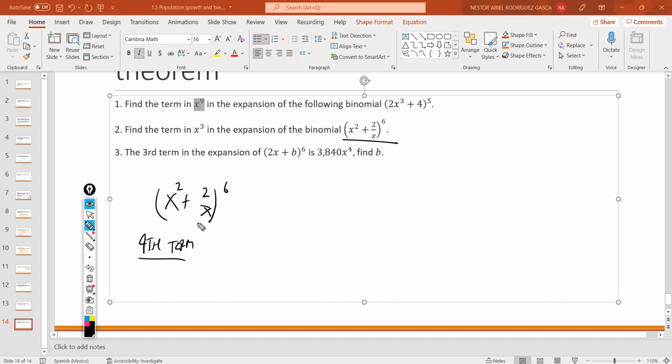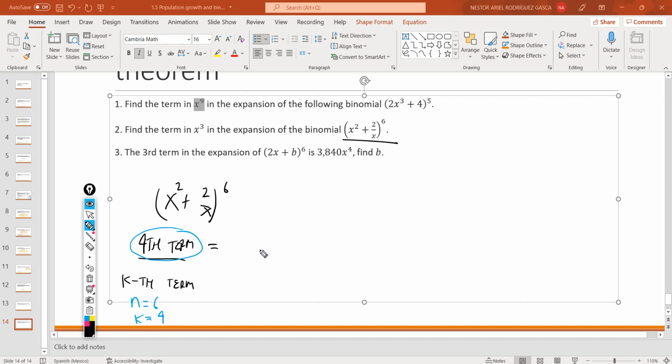term. So basically, I'm going to use my formula for the kth term, right? And in here, for this particular problem, my n is 6, because that's the exponent. And my k, which is the number of the term that I'm looking for, is 4. Okay? So that's it.